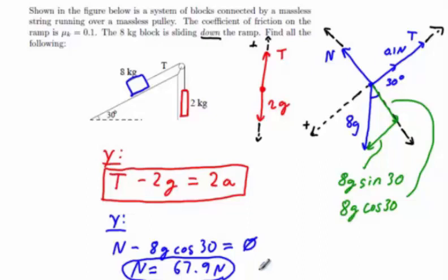Finally, we have one more thing to take from our free body diagrams. We must analyze the horizontal, or quote, x coordinate from the diagram for the 8 kilogram mass. We've already selected down the ramp as the plus direction, making the 8g sine 30 the only component of force in the plus direction.